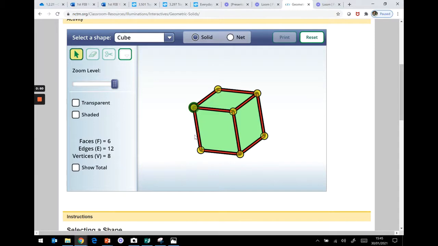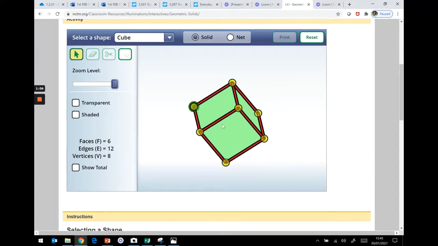A cube has 12 edges. And then finally, we can count the vertices, those corners, and they are in yellow. So we can see those are the vertices there. It has 1, 2, 3, 4, and then 5, 6, 7, 8. So a cube has 8 vertices.